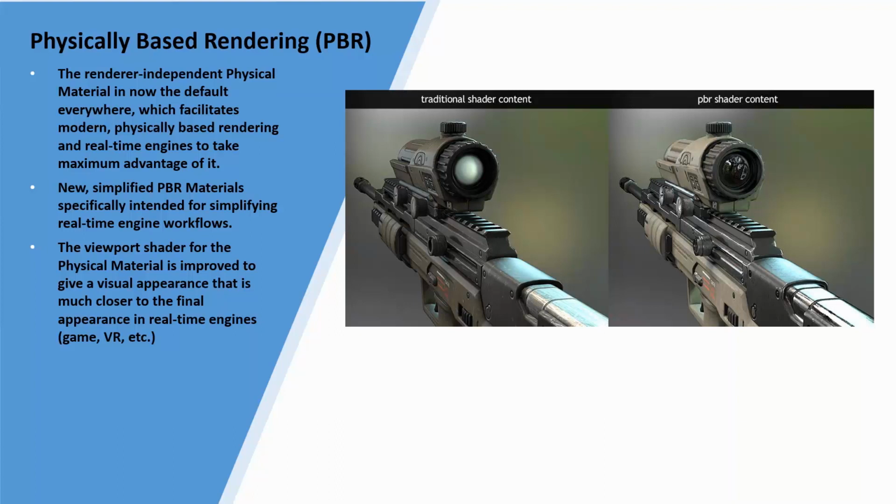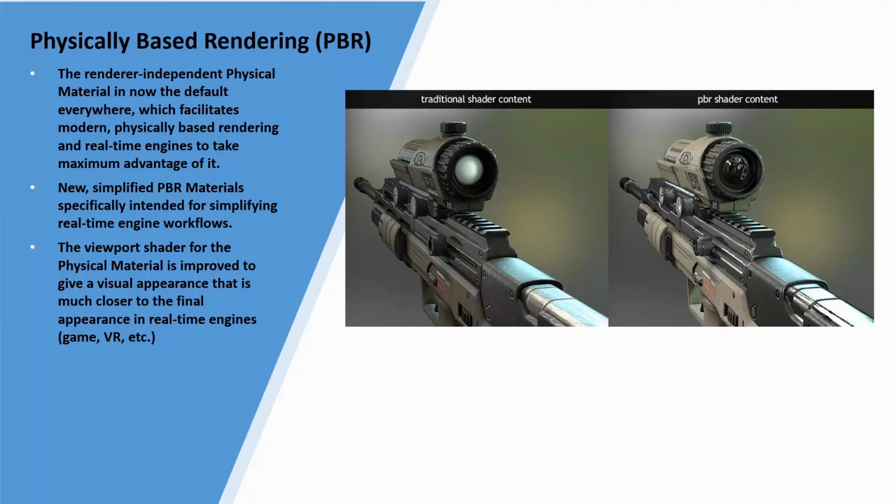So you can see on screen you have a traditional shader content and you have physical based rendering shader content. You can see that the imagery is different in that the one with the PBR looks much more realistic.